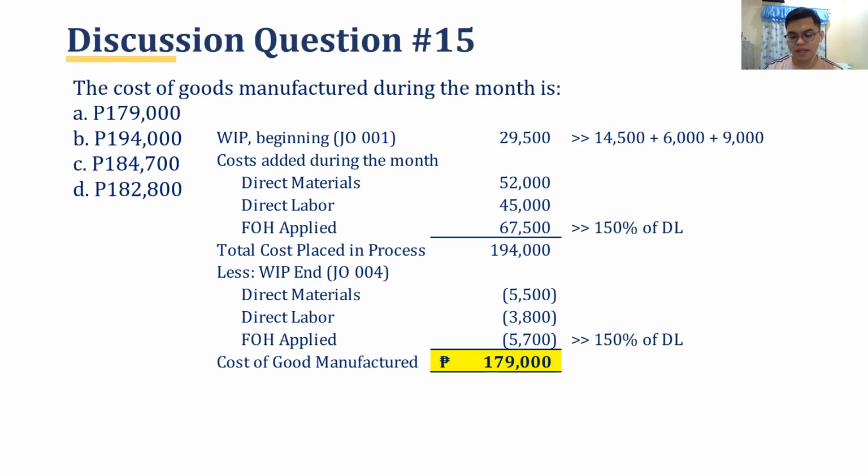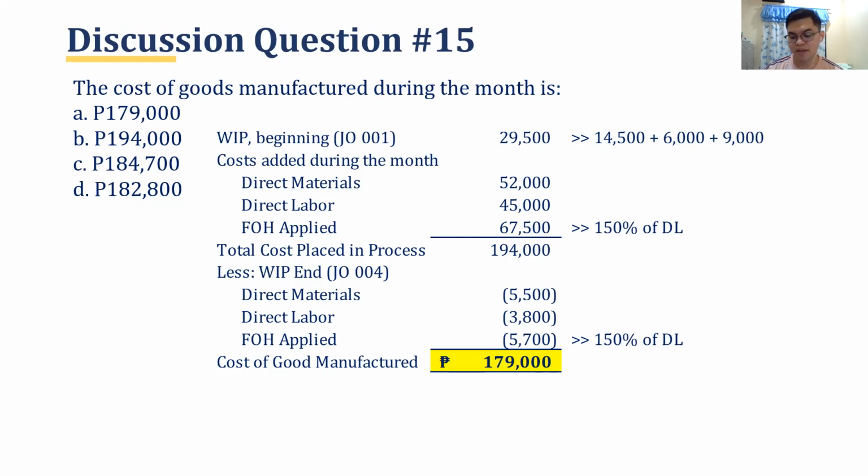So, your total cost placed in process, add mo lang lahat, 52 plus 29,500. So that's 194. Tapos, at this point, you just deduct costs particular to job order 004. From the given, remember that specific cost for direct materials amounts to 5,500. Deduct mo siya. Direct labor is 3,800. Tapos, compute for FOH applied, that's 3,800 times 1.5, 150%.